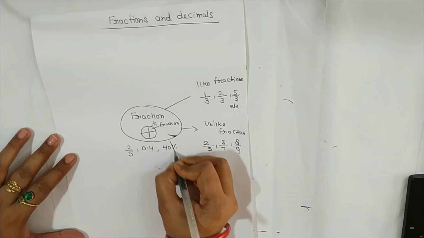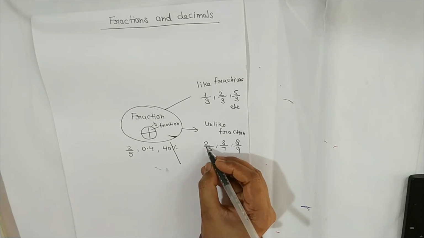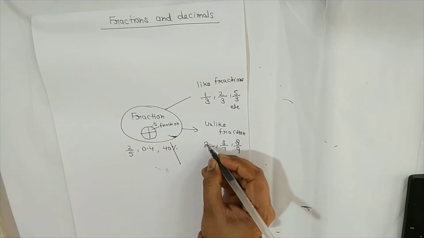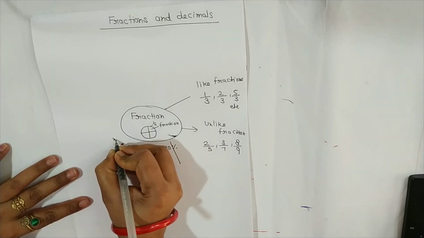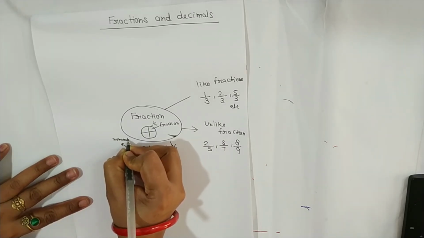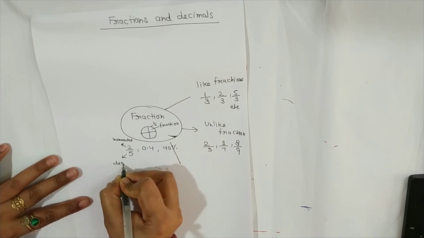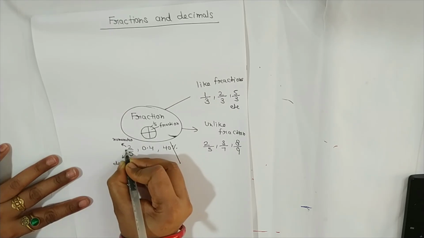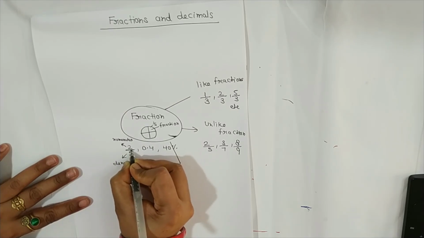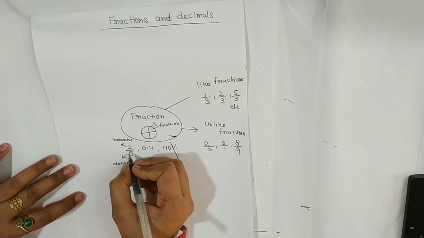Now, one more thing, suppose what it is called, this is numerator and this is called denominator, and this is called divided by or vinculum.